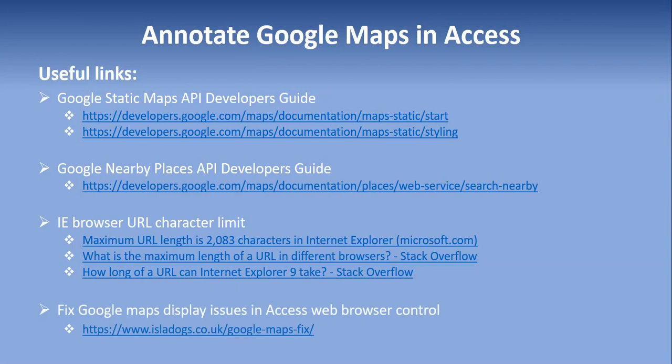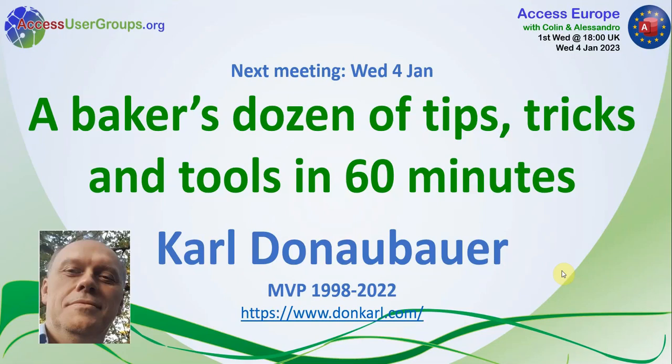Increasingly you will get errors with a lot of maps in web browser controls. You can turn off a lot of those errors, but there are also some fixes you will want to do. For example, change the emulation of your browser from the old version 7, which is about 2003 or so, up to version 11, the final version, or these days the Edge browser. So all of those links are on the website.